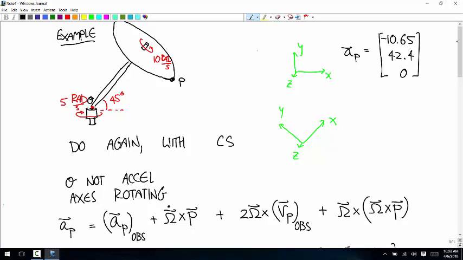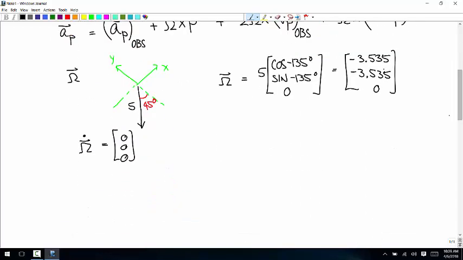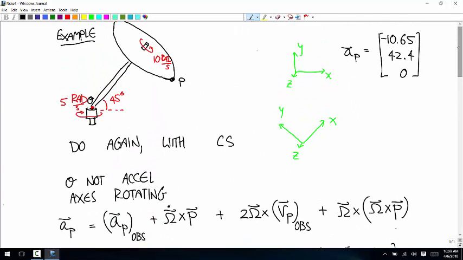So positive x direction 1, negative y direction 0.6. So that radius is 0.6 meters, and arm length is 1 meter.